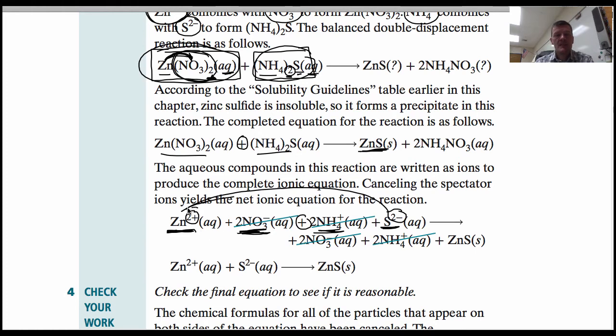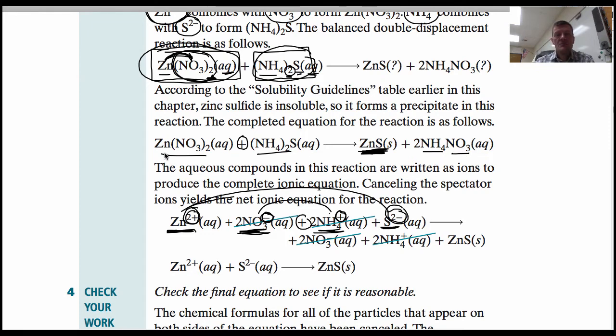Zn is a 2+, sulfide is a 2-, so just one of each of those to make that formula. Okay? And the ammonium cation could get with the other anion. This is a +1, this is a -1. So you only need NH4 and NO3. That's the formula there.